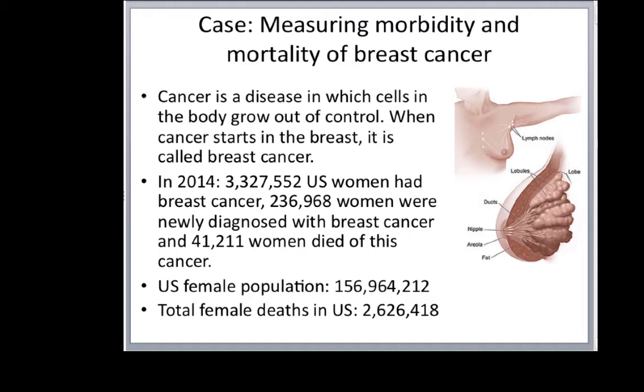So for that, we're going to use the total number of women in the U.S. population, and that's 156 million approximately. Right, and so you take that fraction and multiply that by 1,000, you should have gotten about 1.5 per 1,000 women. All right, so how about the prevalence now?